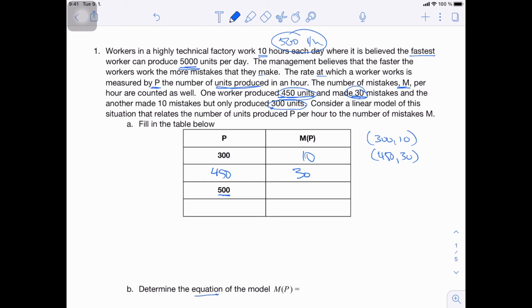So in order to make the equation, we have to find the slope. And if I read this, it's always going to be the change in y values, so the 30 minus 10, divided by the change in x values, which will be 450 minus 300. When I subtract, I get 20 over 150, which is 2 over 15.